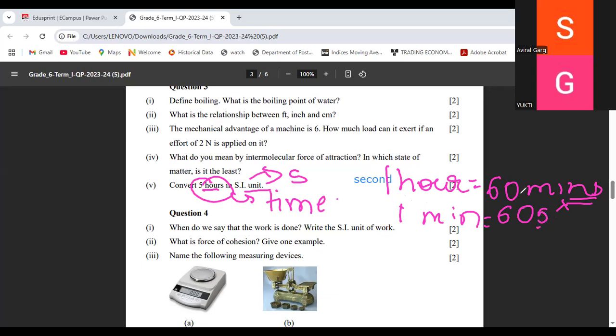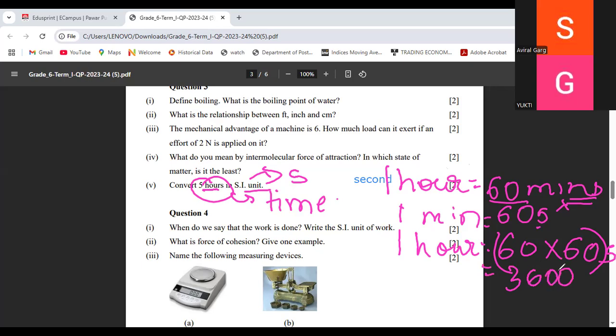Then now from this we can take that 1 hour is 60 minutes. So 60 minutes into 60. This is the number of seconds in 1 hour. Okay. The answer would be 3600 seconds. This is not the final answer. They have asked us about 5 hours.